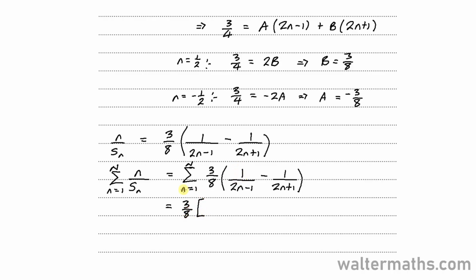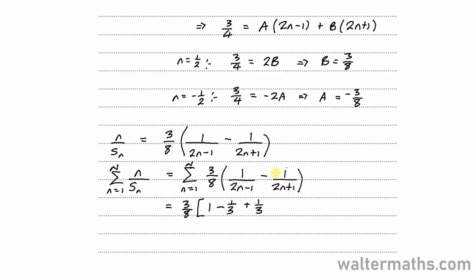Here, substituting n is equal to 1 into this, we will have 1 over 2 of 1 minus 1, which is just 1, and it's minus, substituting 1 here, we get a third, so it's minus a third. And substituting 2 into this, we will get 1 over 2 of 2 minus 1, which is 1 over 4 minus 1, that's a third, so that's plus a third.